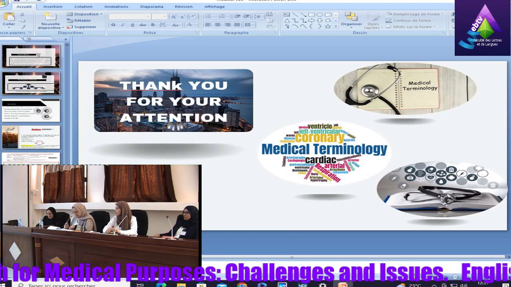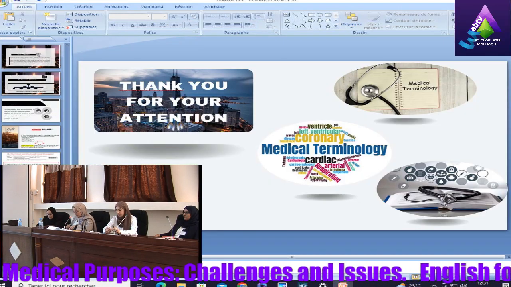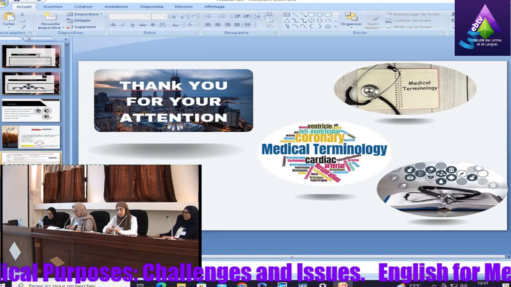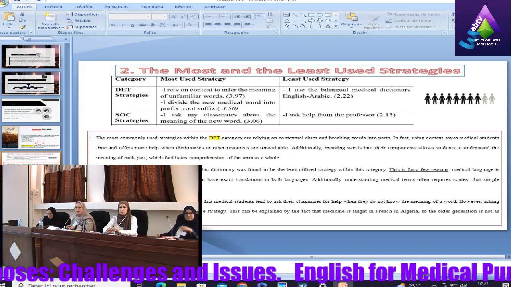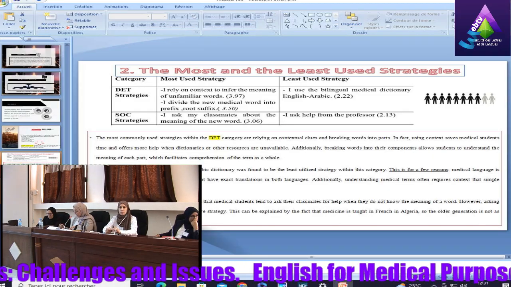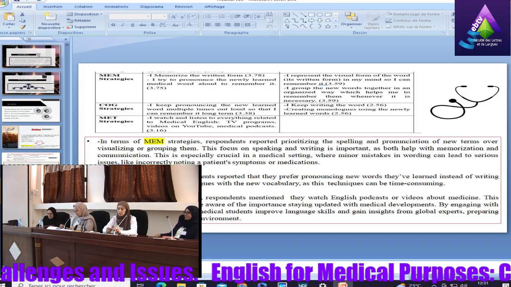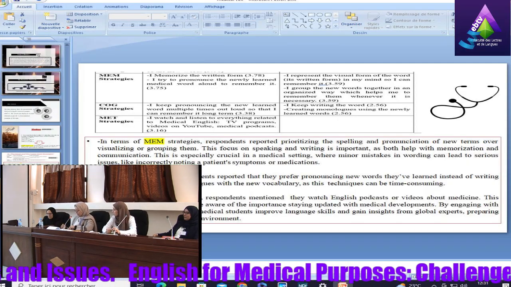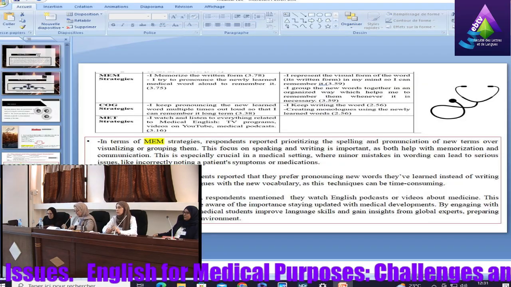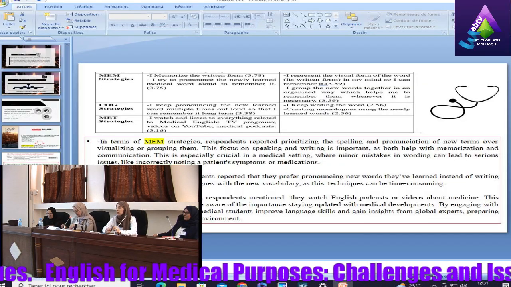Your findings showed the most and least used strategies in acquiring vocabulary, and these strategies were determination, social, memorize, cognitive and metacognitive strategies.